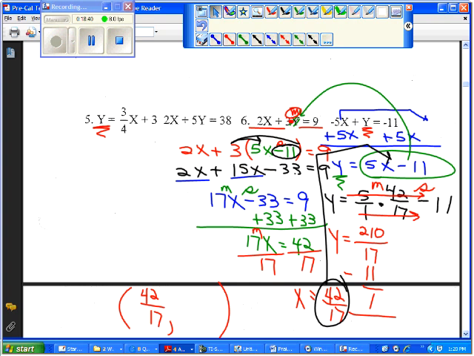To subtract, what has to be true? You have to have a common denominator, which will be 17. 1 times what is 17? So 11 times 17 is 187.